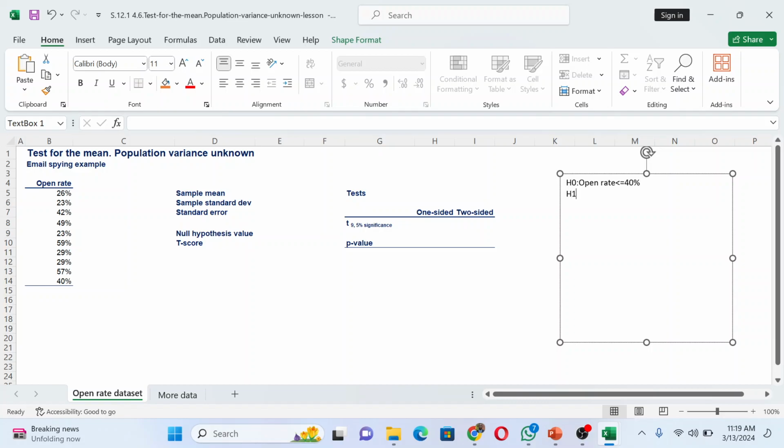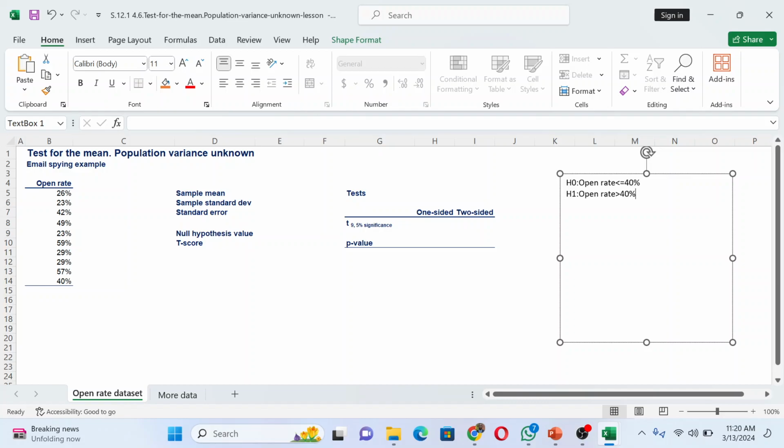The alternative hypothesis that you are trying to challenge is that the open rate is now greater than 40%, right? You are trying to say that the average open rate is more than 40%. Okay?